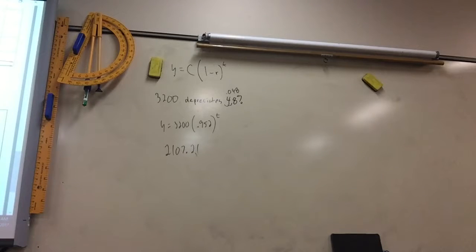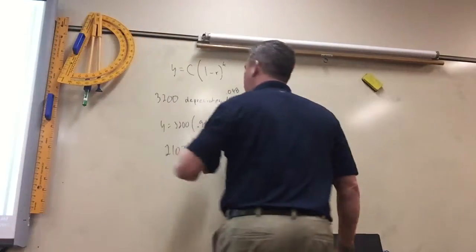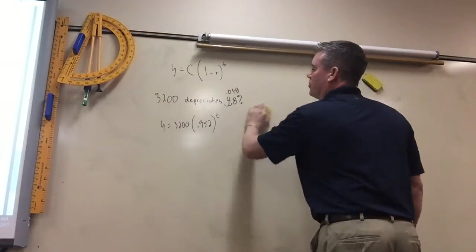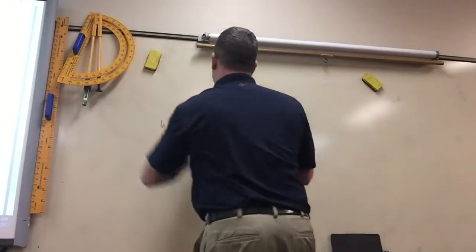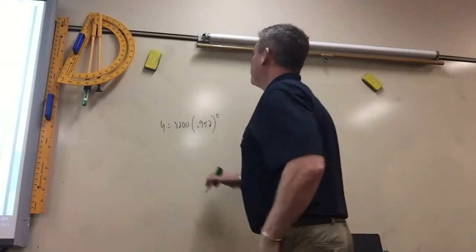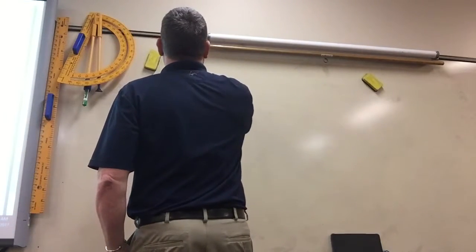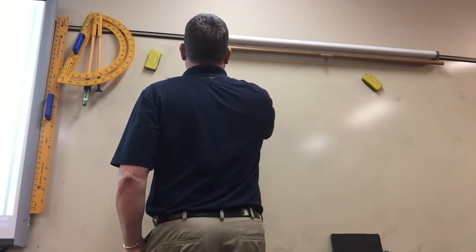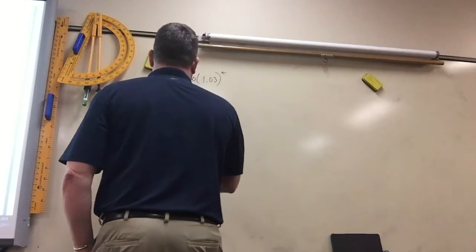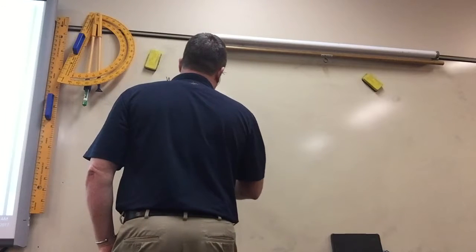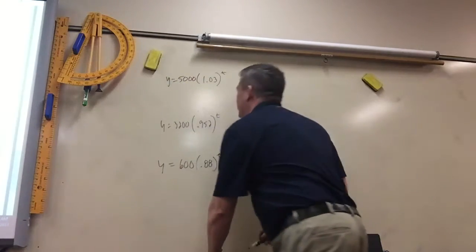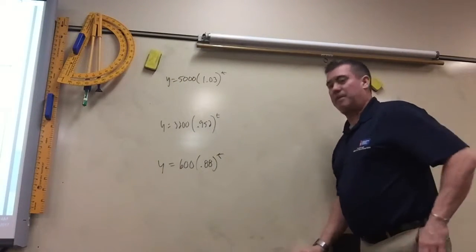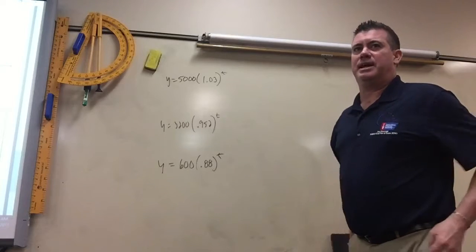Okay, the graphs we don't have to do, so that's all we are doing now. If you had some equations like this, identifying if a problem is an exponential growth or an exponential decay.